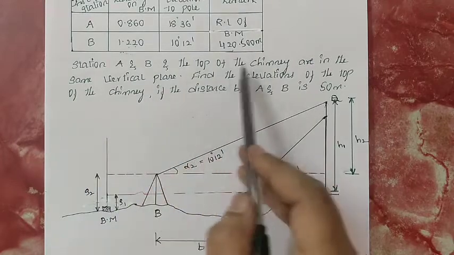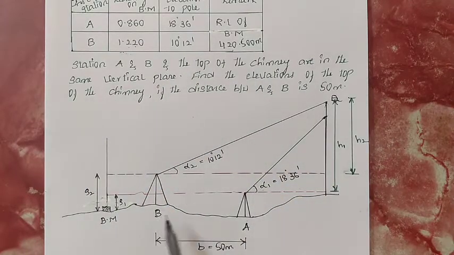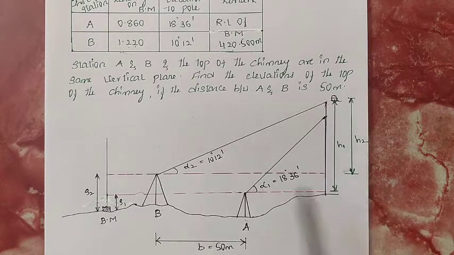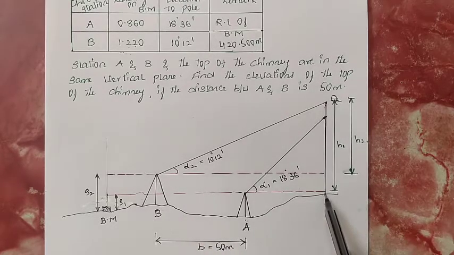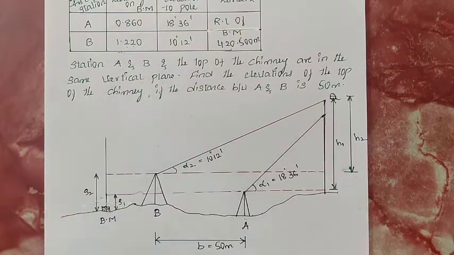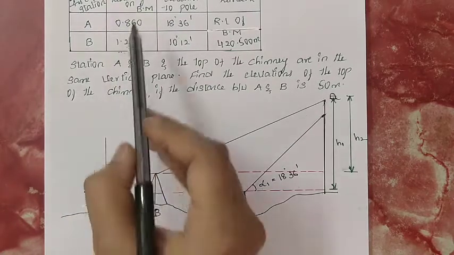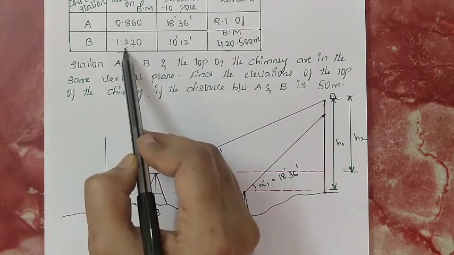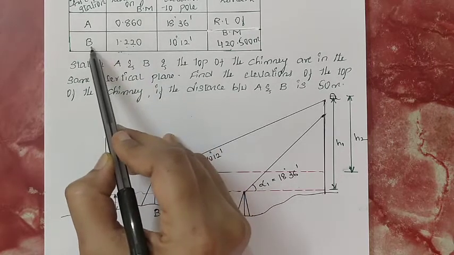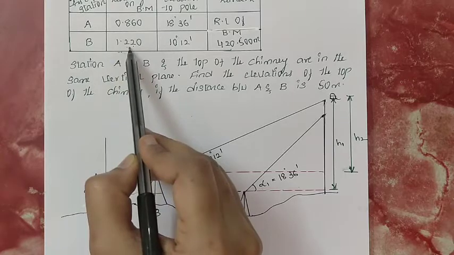And they have specified in the problem that stations A, B and the elevated object, that is the chimney, are in the same vertical plane. You can observe here the staff reading. The staff reading when the instrument is at A is lower compared to the staff reading when the instrument is at B. The staff reading taken on the benchmark is higher.